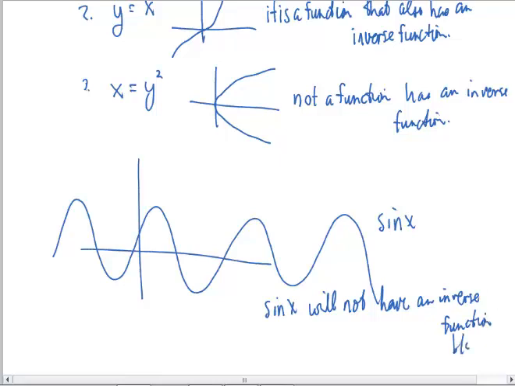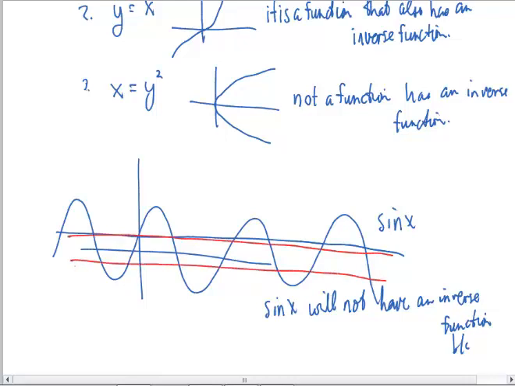You can see here it's failing the horizontal line test, meaning that this function does not have an inverse function.